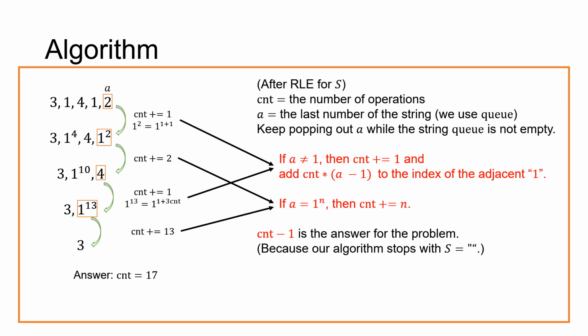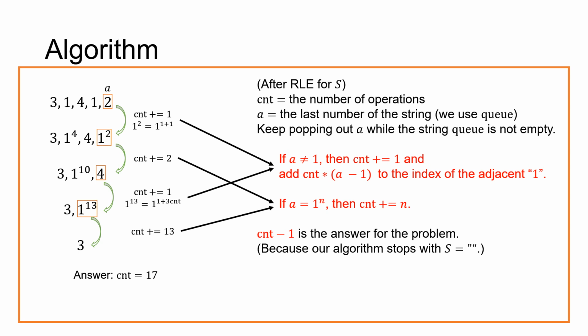Now let's explain the algorithm. Begin by defining a variable called count to keep track of the number of operations. Continuously remove the last integer a from S until the string is empty. If a is not equal to 1, a vanishes after a single operation, so we increment count by 1.